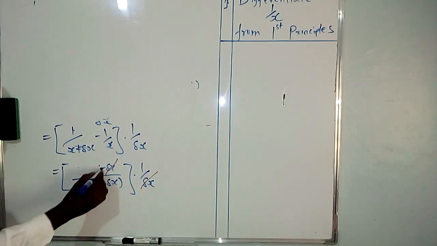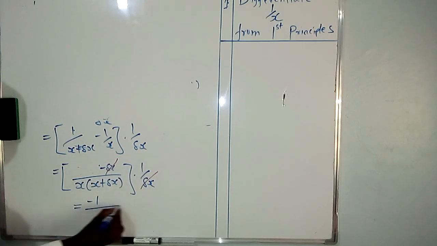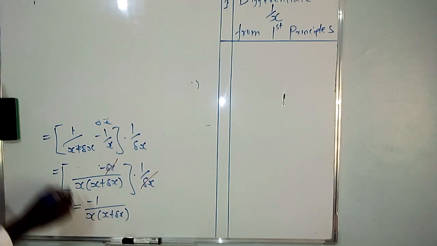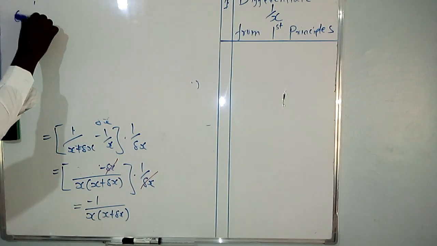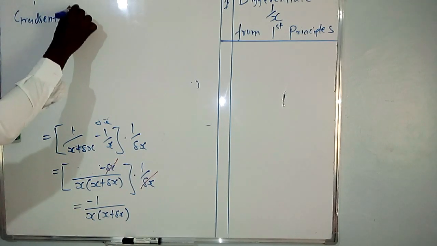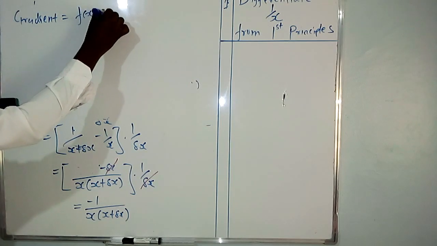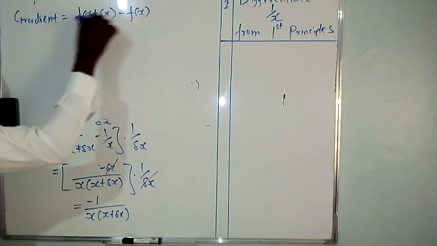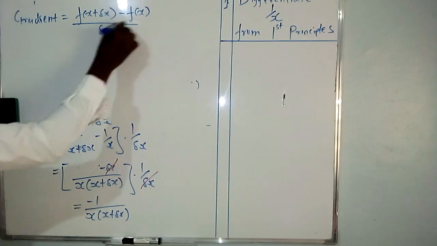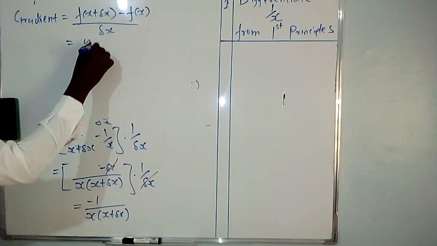In the numerator negative, yeah, negative 1 over x into x plus change in x. You found the gradient, but we don't need the gradient, we need the derivative. Are we together? So what is the derivative?